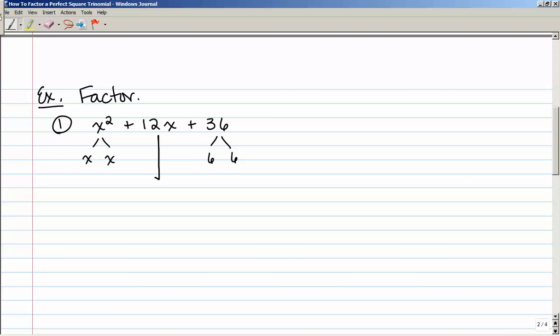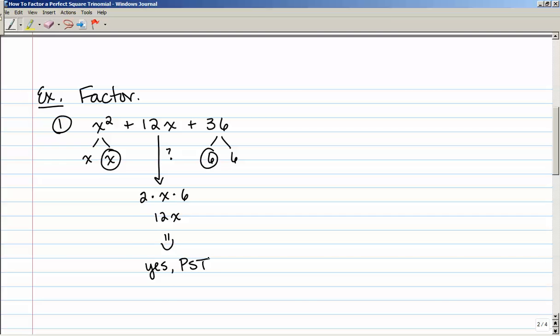Now, here's the tough part. Is the middle term 2 times one of the first term times one of the last terms? And indeed it is. 2 times x times 6 is 12x. So yes, this is a perfect square trinomial.